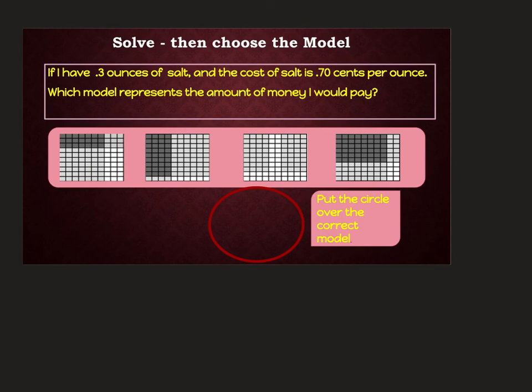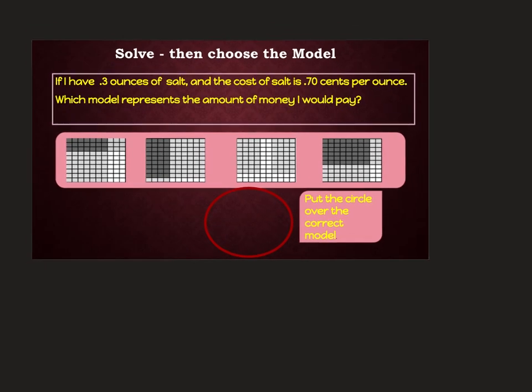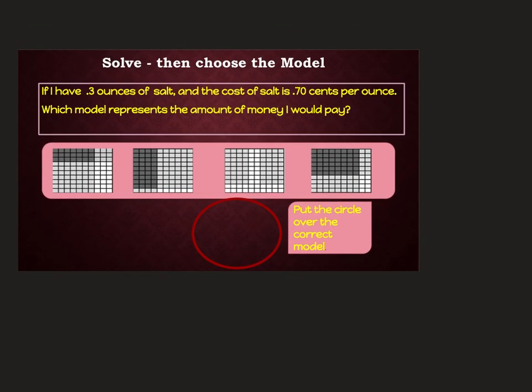If I have 3/10 or 0.3 ounces of salt, and the cost of salt is 70 cents per ounce, which model represents the amount of money I would pay? Okay, so I have 0.3 ounces of salt, and it's 70 cents per ounce. So I'm going to be multiplying those two numbers.